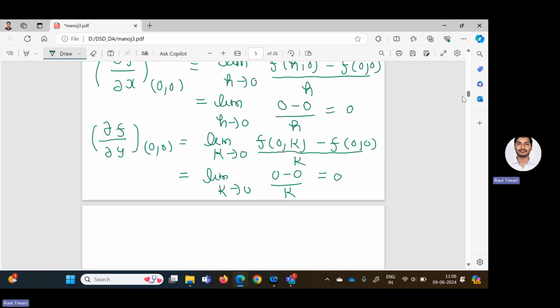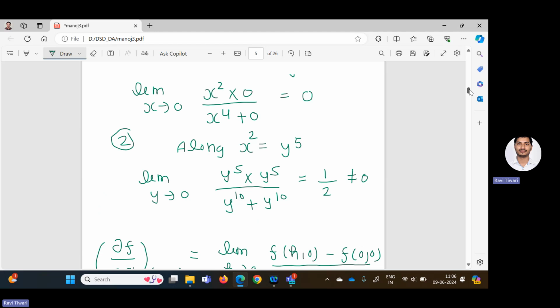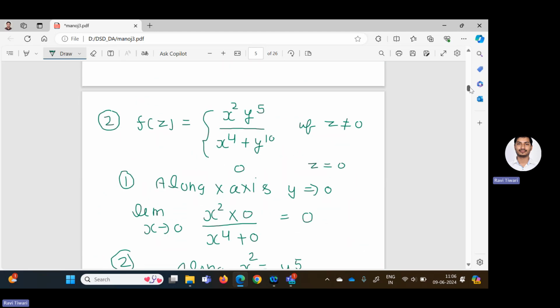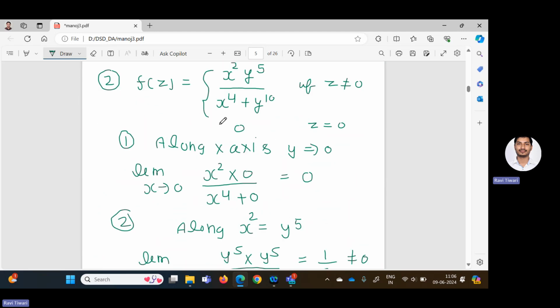One more thing I want to clarify here. Some students might be thinking that f(0, 0) is 0. You cannot calculate the f(0, 0) value from the given function, because if you put x and y as 0 you get 0 by 0.